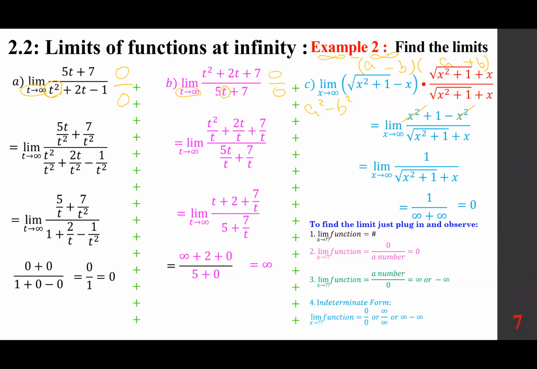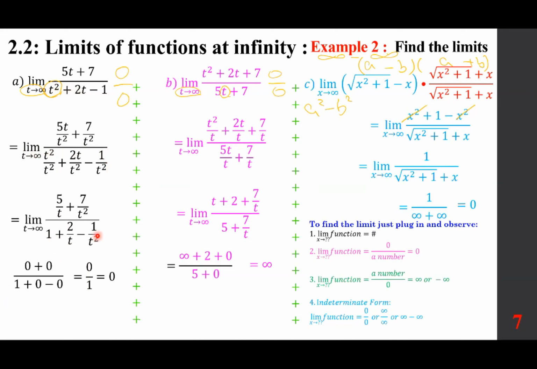I have a question. Sure. On problem A, on the third step, on the denominator, where did that plus 1 come from in the very beginning? We're talking about this step? The third step. This one?